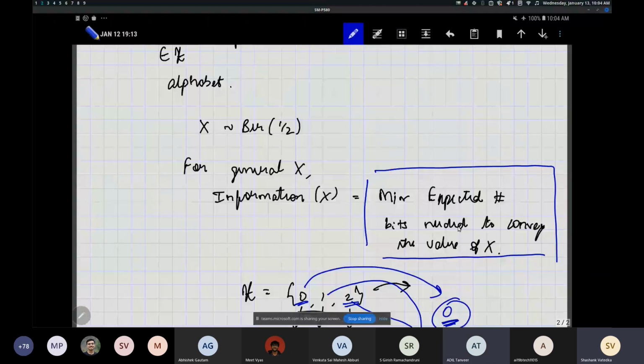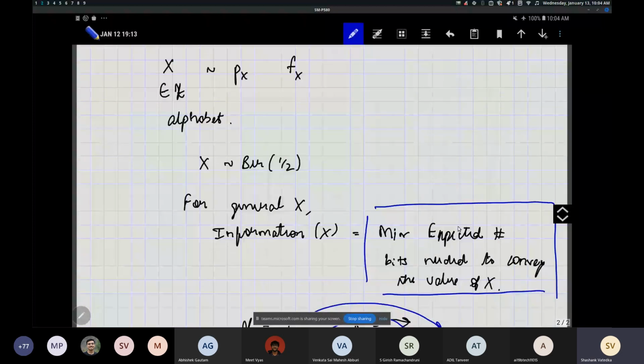Yes. Depending on the model, it may converge, right? It may converge, but in general, the right hand side would be infinite. So we'll see later on that although a source in itself could be continuous or discrete, at least for now, when we're talking about notions of information, we will assume that the alphabet is finite.